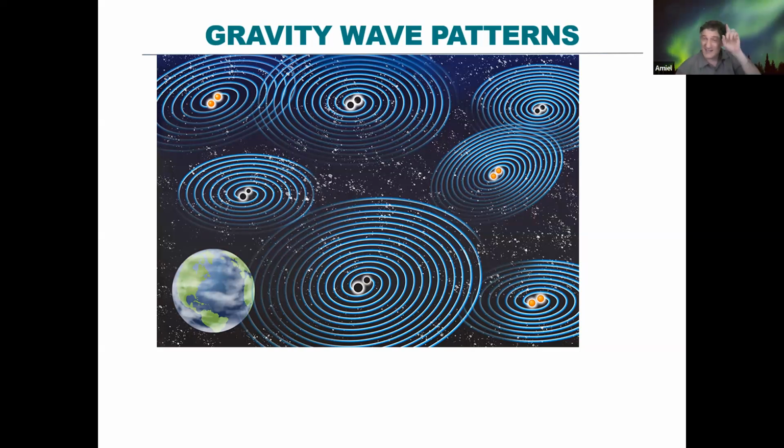But we can measure that tiny ripple in the fabric of space-time caused when two black holes or two neutron stars orbit each other, and they create these complex patterns of gravity waves. Now, from the distribution of these waves, you can begin to understand what is going on in these different situations. Fascinating pattern to try to unravel and try to come up with theories and laws about how these patterns propagate through space.